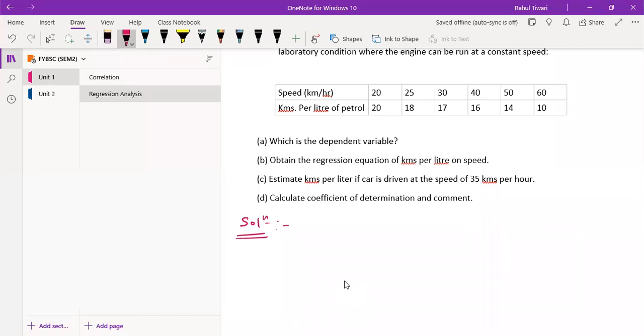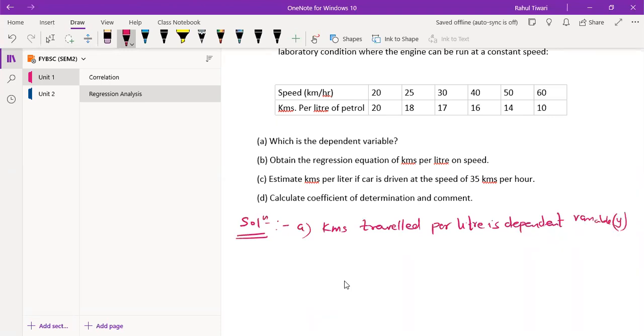So you can write first: the kilometers traveled per liter is the dependent variable, which we can call y.